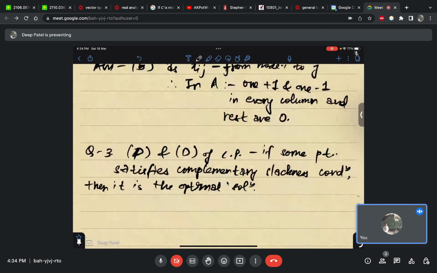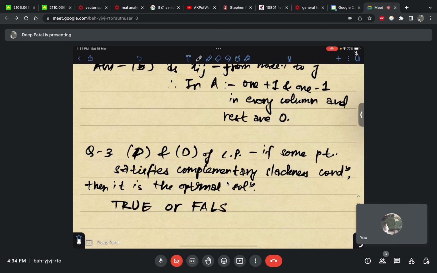So is this true or false? Yeah, I had got it wrong. I marked it as true, but it came out as false.